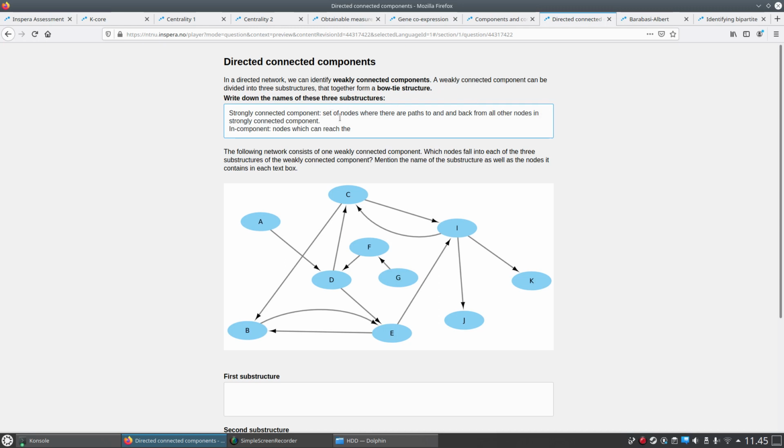It's a little bit of an unwieldy definition, but essentially it means that from one node you can reach the other, and from the other you can reach back to where you started. All nodes for which you have such paths, essentially cycles that can loop you back, form the strongly connected component. The in component are nodes from which you can reach the strongly connected component, but you can't return from the strongly connected component to the in component.